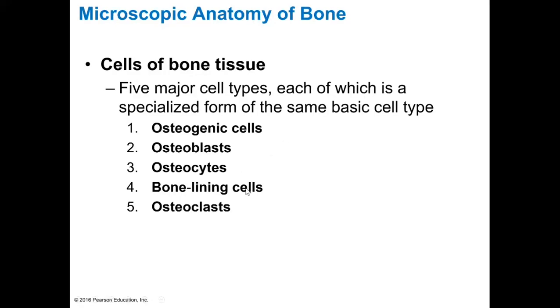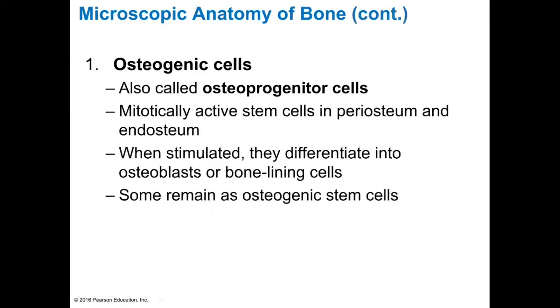Bone lining cells are some on the outside, and osteoclasts break down bone. They actually eat bone. Osteogenic cells, sometimes called stem cells, sometimes osteoprogenitor cells, are active cells that can differentiate into an osteoblast or a different type of cell. Some just stay as the same stem cell.